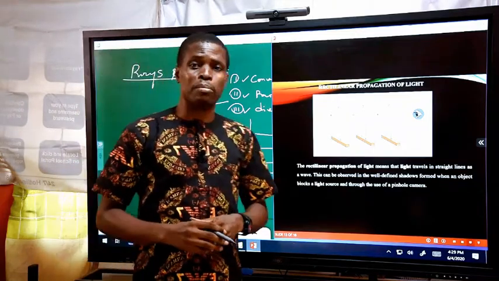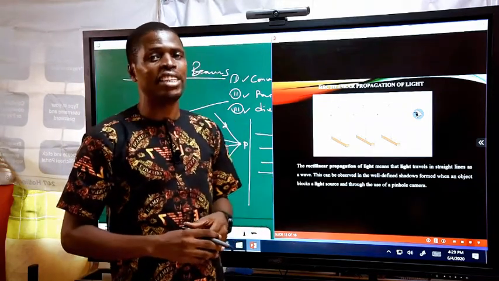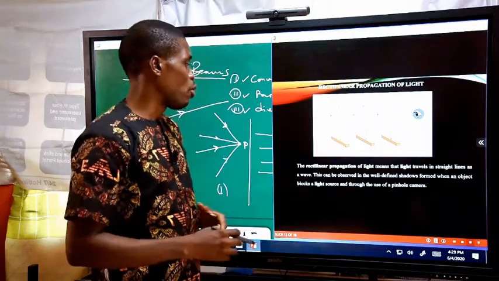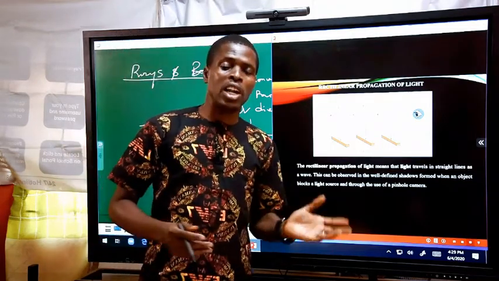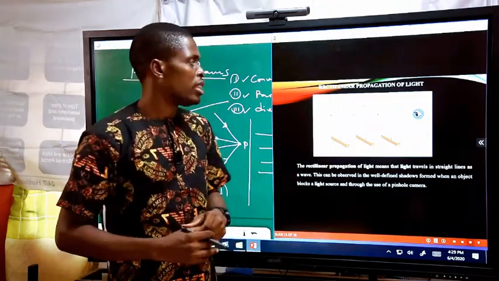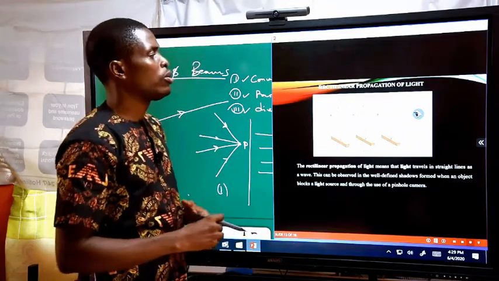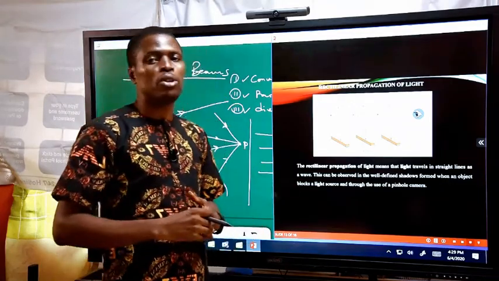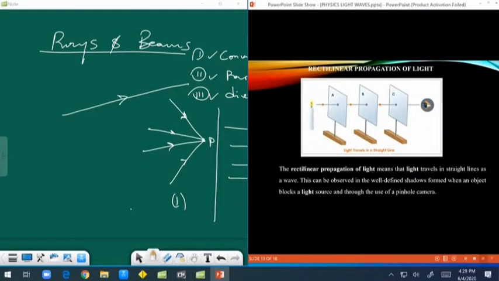Rectilinear propagation of light is important in analyzing how light can travel from one point to another, especially light that is coming from the sun. The light from the sun travels several thousand or million miles before it gets to the earth. And therefore, for light to travel in a straight line, we describe the concept of rectilinear propagation of light.